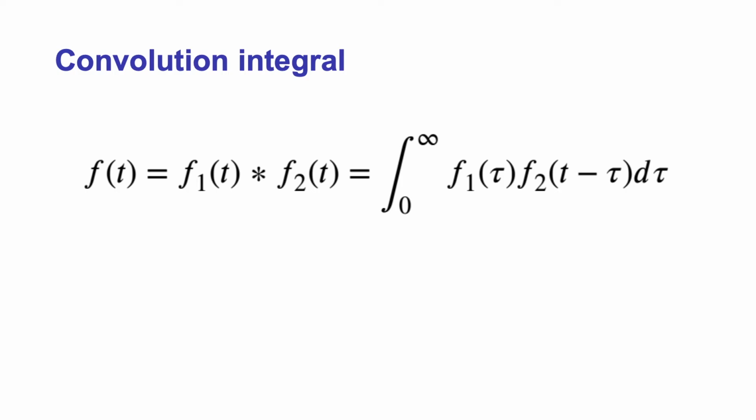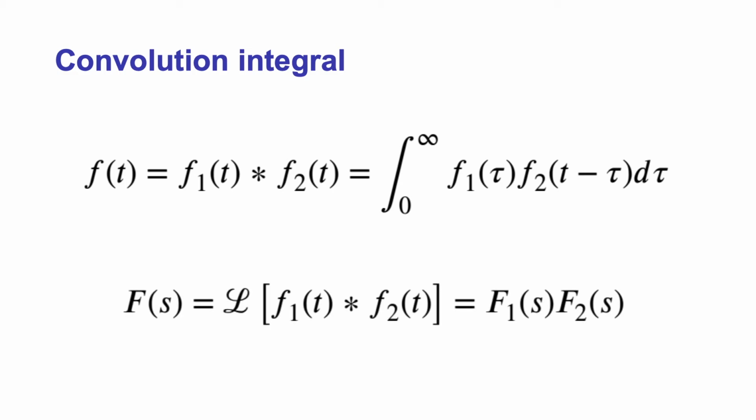Finally, another important property of the Laplace transform is related to convolution. In cases where the function f of t is the result of the convolution of two functions, f1 of t and f2 of t, both defined for t's greater than 0, its Laplace transform can be expressed as the multiplication of capital F1 and capital F2 that are the Laplace transforms of small f1 and small f2 respectively.